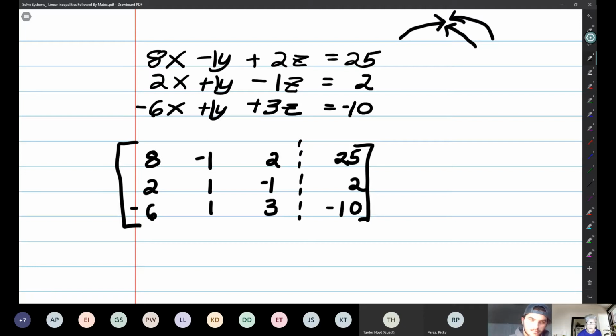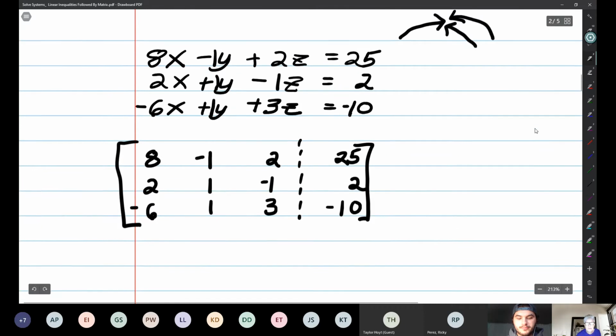And for reasons I don't know, you have this little dashed line separating what's called the coefficient matrix from this line, which makes the whole thing an augmented matrix. You don't have to know that unless you're a business major and you're doing this next semester. But I'm just telling you.